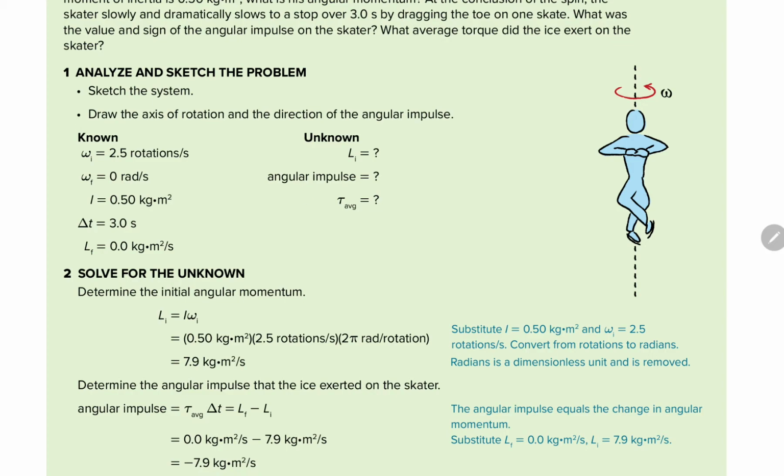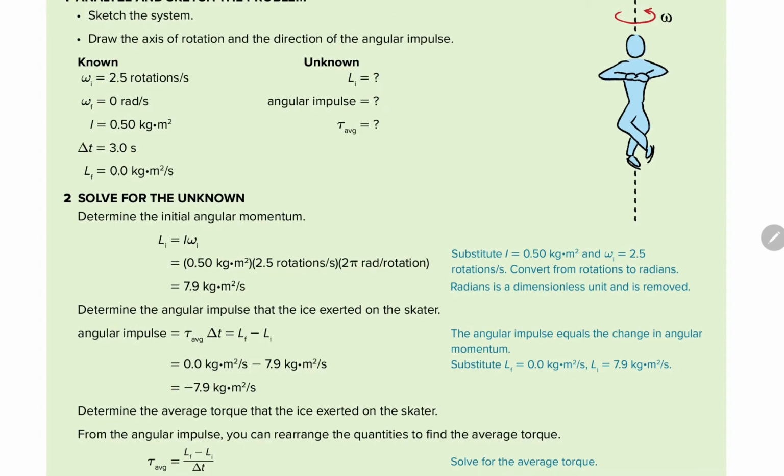The second one, I should find the angular impulse. We have a law: torque average times delta t equals L final minus L initial. In the previous lecture, we said that the left side of this equation represents the angular impulse. So angular impulse equals L final minus L initial.